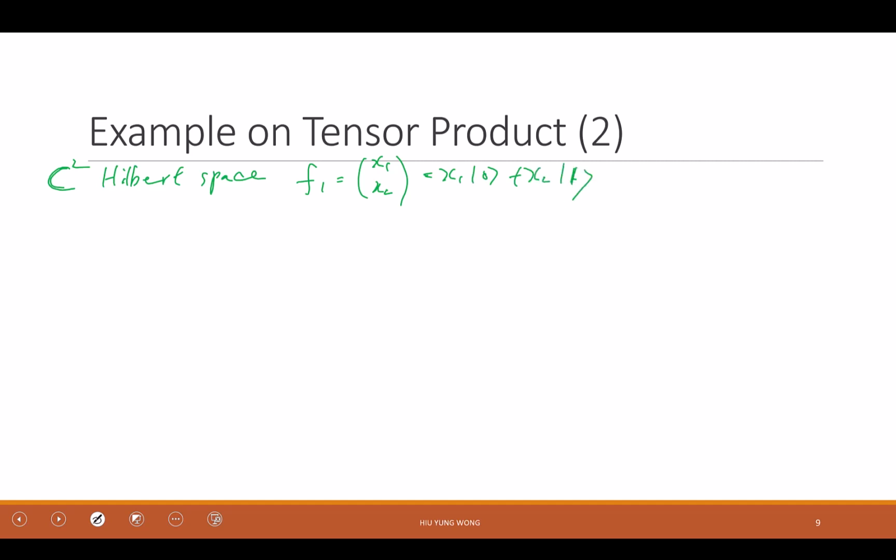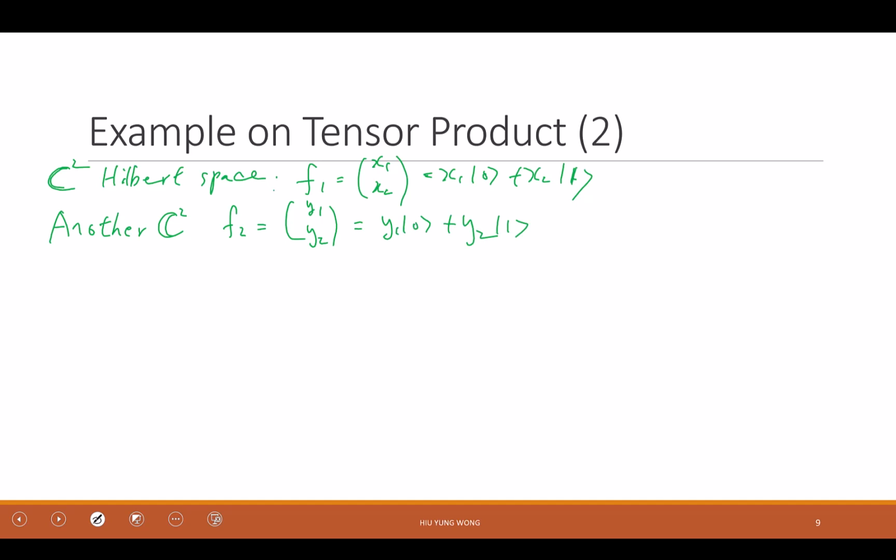And I also have another space, another C2. I have F2 equals y1, y2, which means this is equal to y1 |0> plus y2 |1>, right?